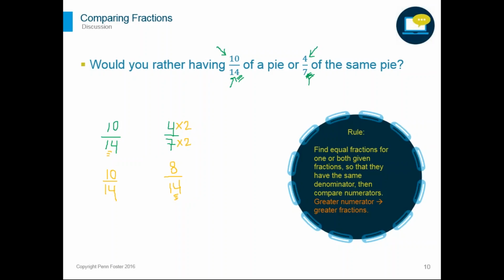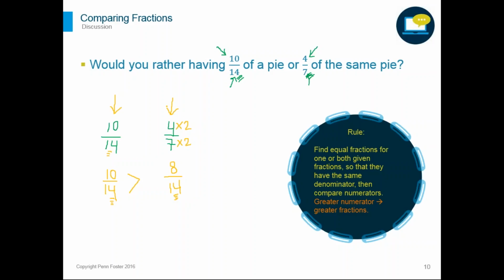The rule says if you are comparing two fractions with the same denominators, the fraction with the larger numerator will have a larger value. In this case, we can say that 10 over 14 is larger than 8 over 14. Now, if you want more pie, you're going to go with this fraction. If you want less pie, you're going to go with this fraction.